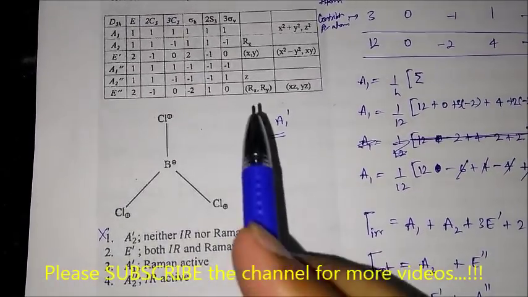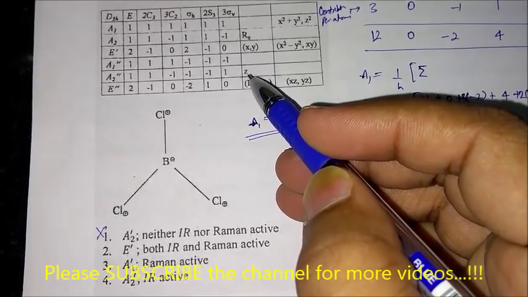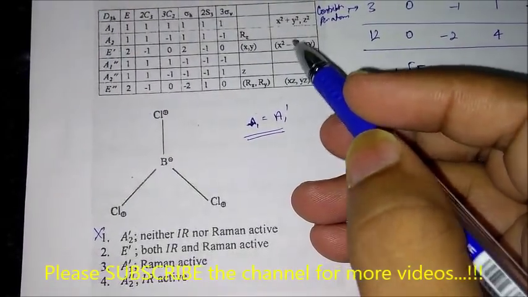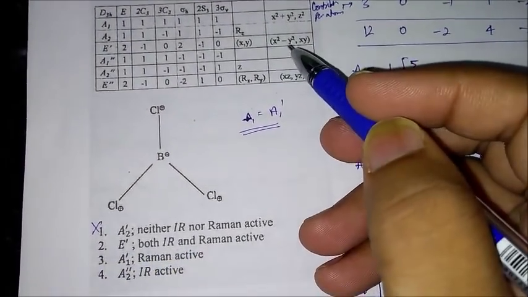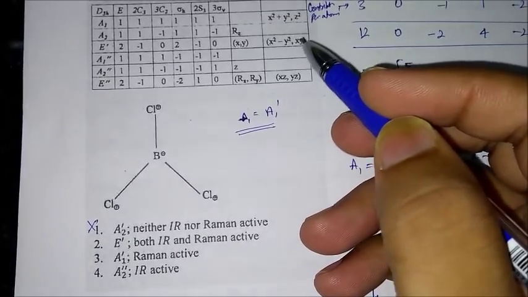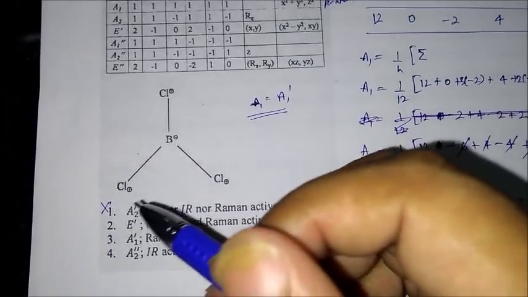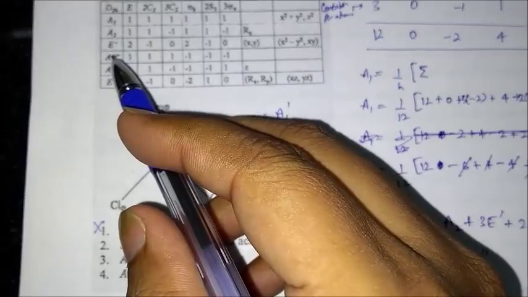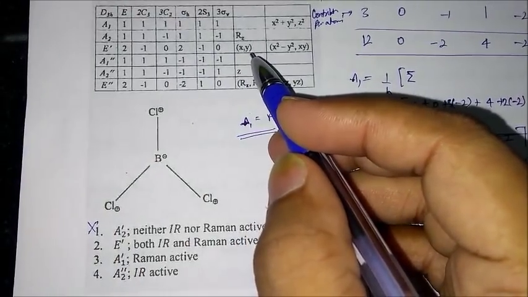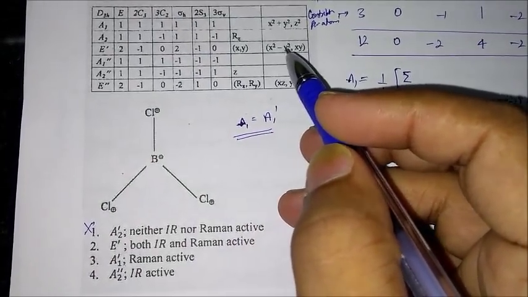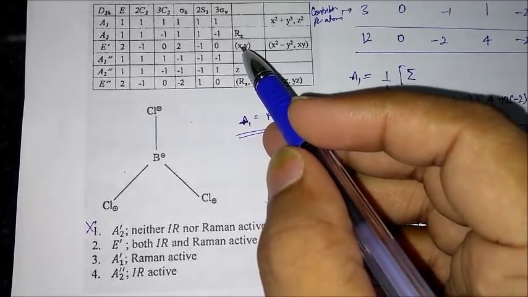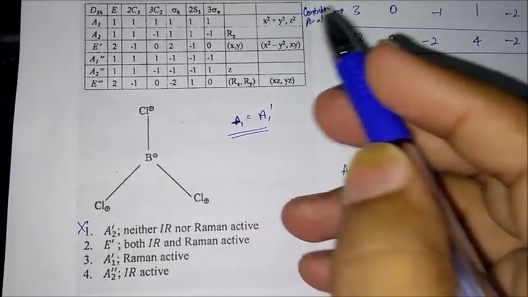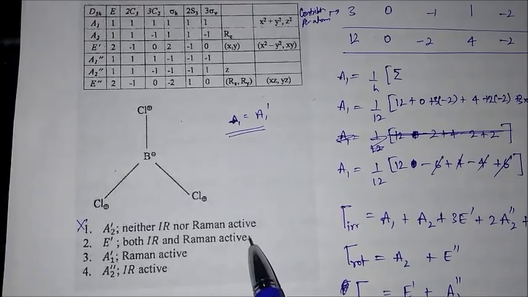For IR you check whether x, y, or z is there, and for Raman you check for quadratic functions. For e prime it has xy also, so it is IR active and Raman active also. That means this holds.